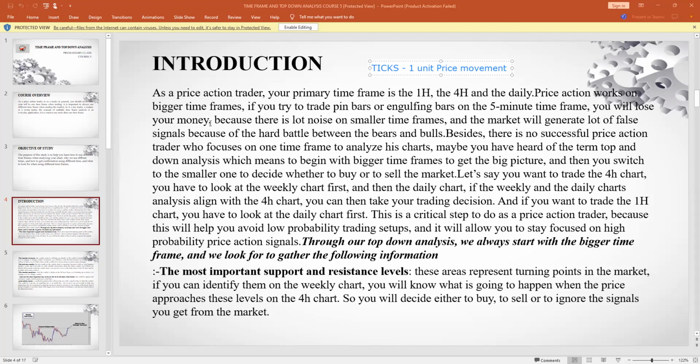Because the higher time frame contains so much more price information, so much more price data. It's like trying to compare somebody who has 30 years of experience in the banking sector and another person who just has 2 years of experience working as a bank teller at the front desk.